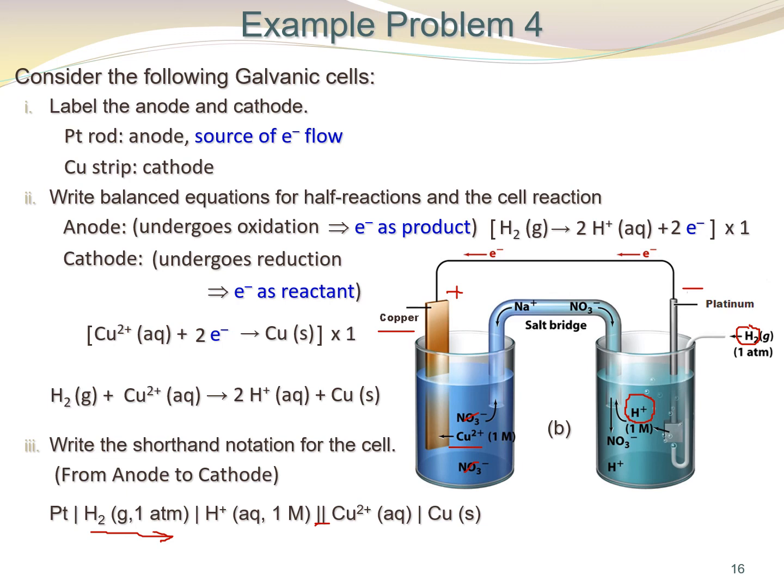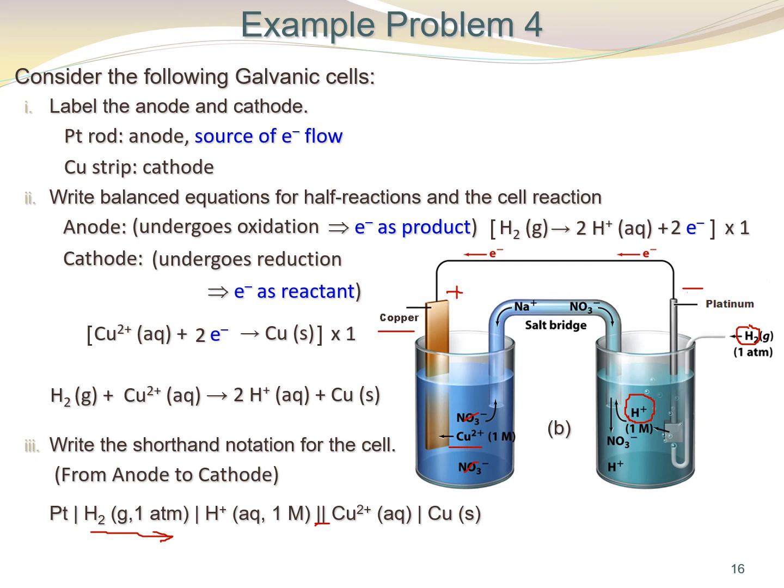And this is where the anion comes in to balance out the charges. For the cathode, it gains electrons, undergoes the reduction because electrons are on the left-hand side of this half reaction as a reactant.